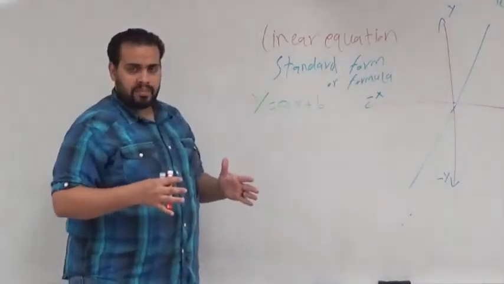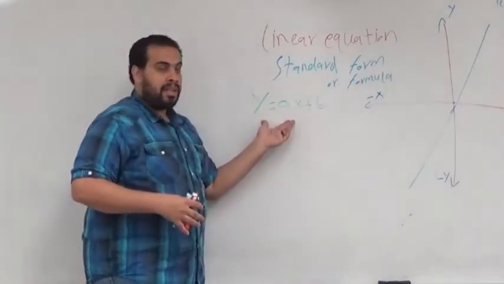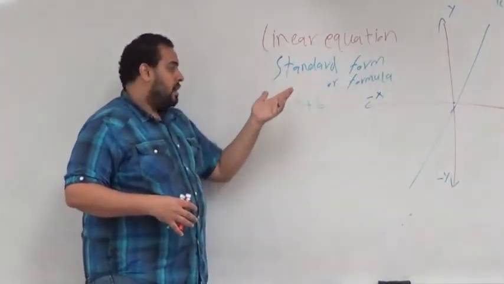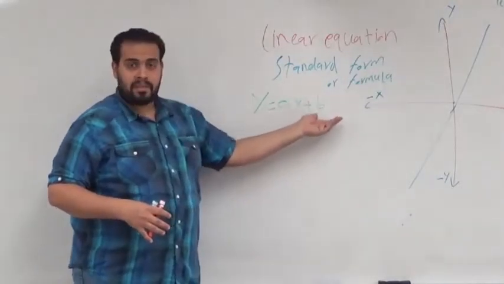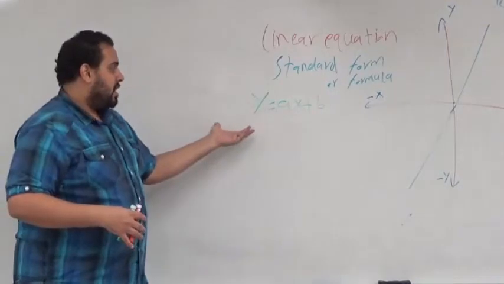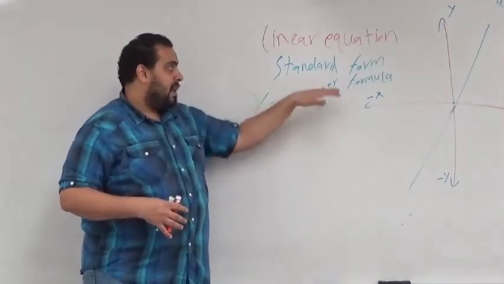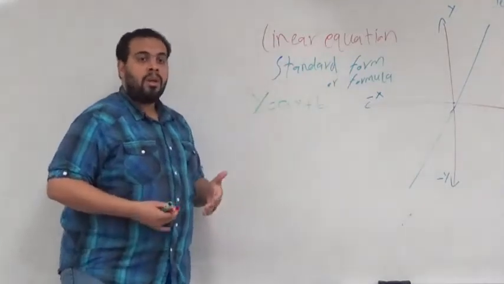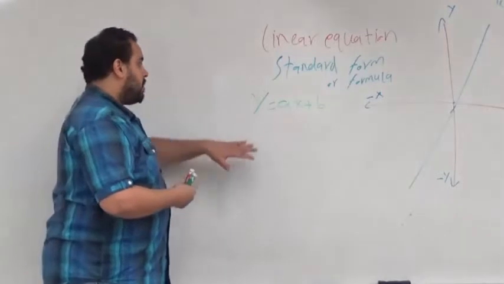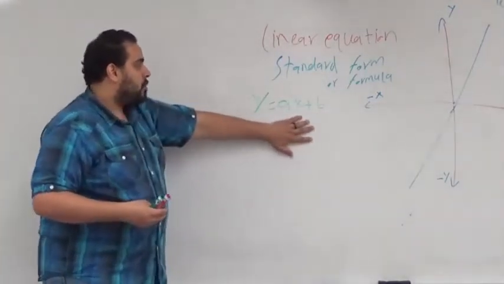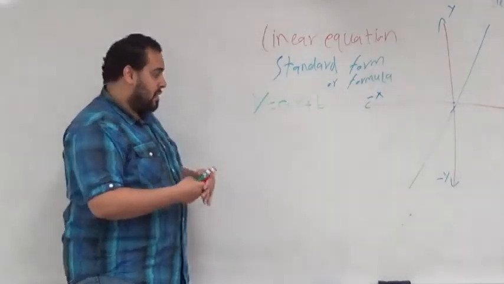All equations have standard forms, but the one we talk about today is the linear one, represented by y equals ax plus b. So when I see an equation in the form of y equals ax plus b, that will be represented as a linear equation. We will give an example later on to see how it really looks, but right now we stick with this form, y equals ax plus b.